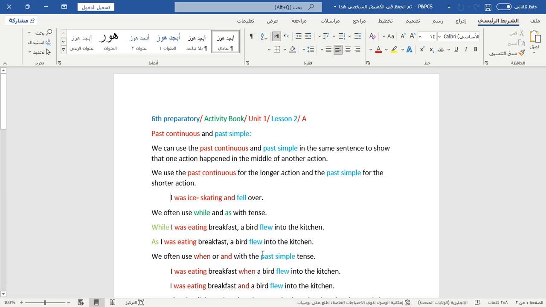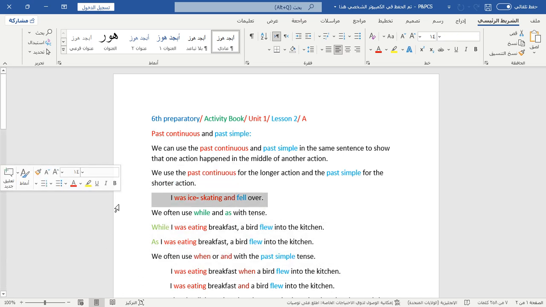"When", "but" and "and" are also just in the middle of the sentence, as we see in this example: I was ice skating and fell over. I'm sorry. Okay.